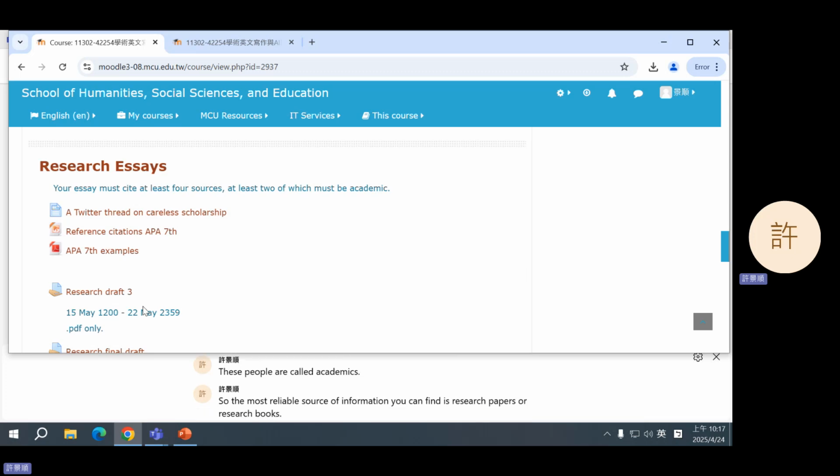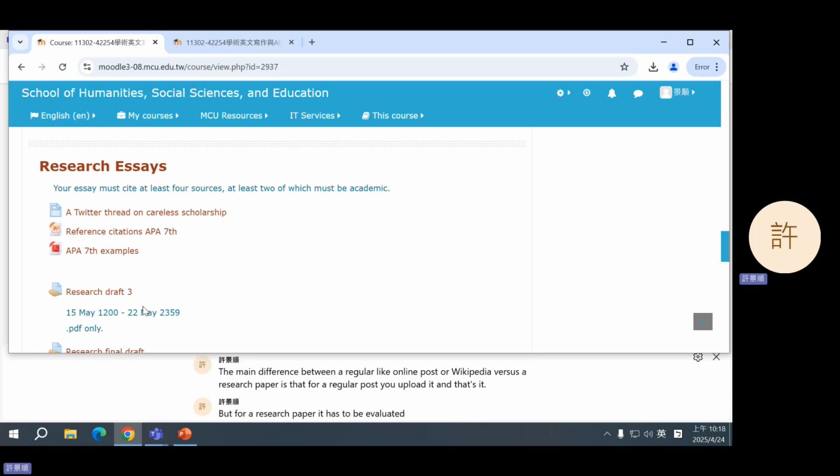The main difference between a regular online post or Wikipedia versus a research paper is that for a regular post, you upload it and that's it. But for a research paper, it has to be evaluated by at least one other expert in the field.